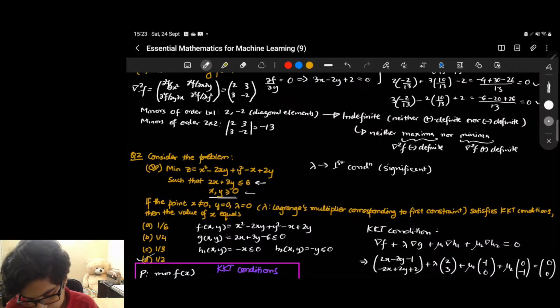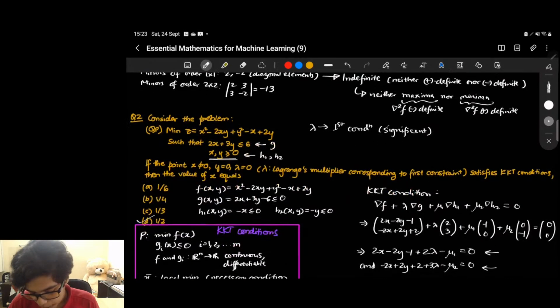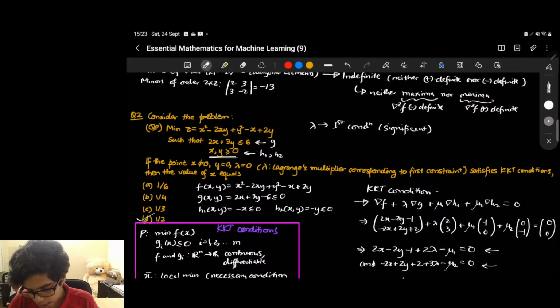So this one they take as basically functions h1 and h2, and this they take function as g. This is basically convention. You can take whatever convention you want, but what is important is that this equation needs to be satisfied.